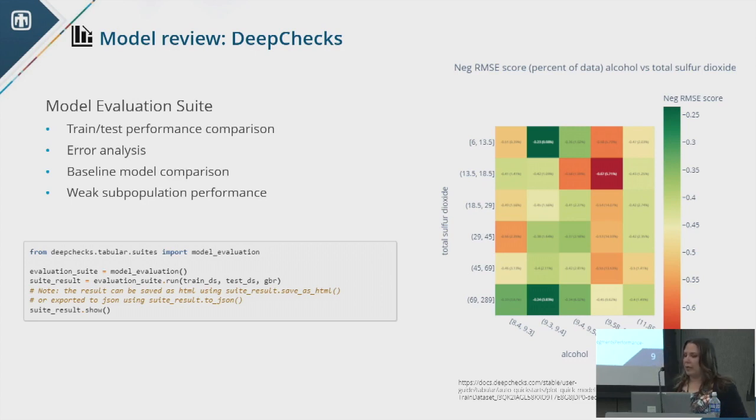And then what I have on the slide here is an automated assessment of a weak subpopulation and performance. So for a specific data set in the red here, I know the numbers are hard to see, but this automatically identified that a certain combination of ranges of features have poor performance from a trained model. So given a data set, a test data set, and a trained model, you can get this with these 4 lines of code, among other tests.